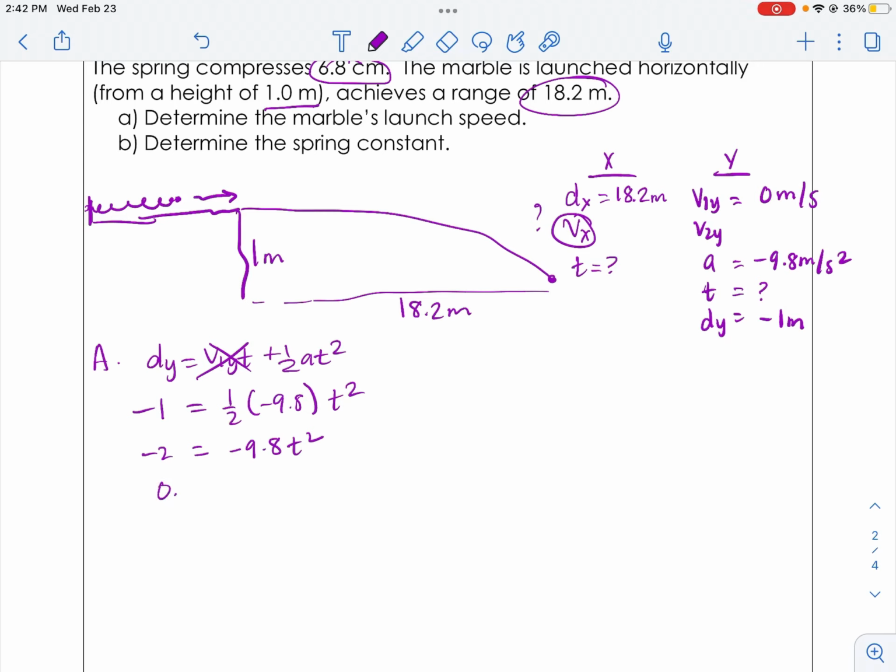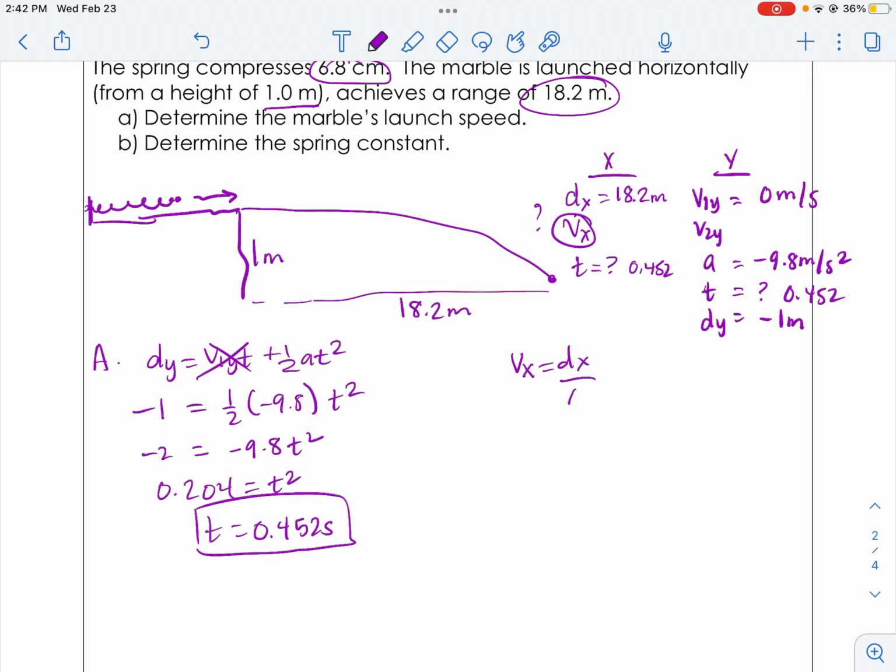So 0.204 equals t squared, and so we get t to be equal to 0.452 seconds. 0.452 seconds goes on the other side, and I can use vx equals dx over t to find my velocity in the x. So I've got 18.2 divided by 0.452. So I get my velocity in the x to be 40.27 meters per second.